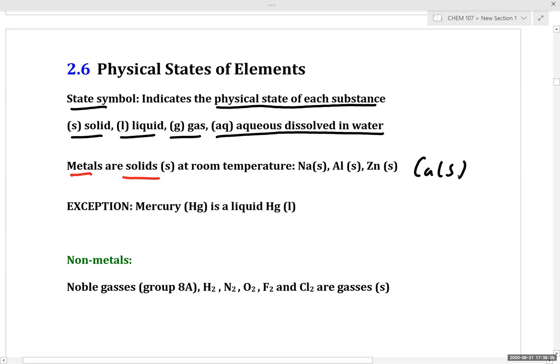And the way that I know to write calcium as calcium solid is because we know that metals are first and foremost atomic elements. They have one atom as part of their chemical formula, and metals are solids at room temperature. The only exception is mercury, where mercury is a liquid.